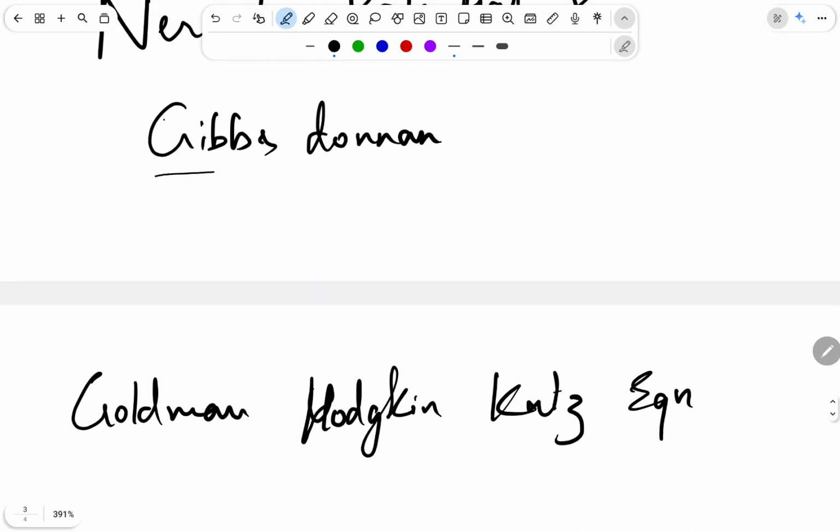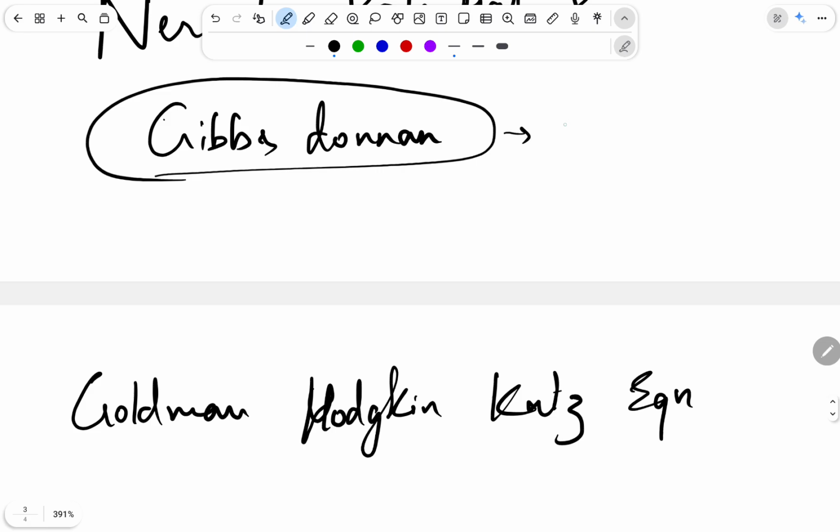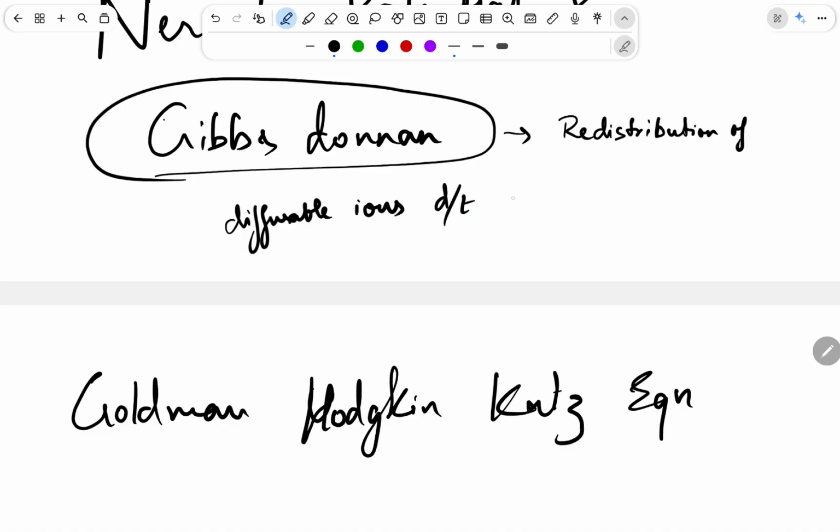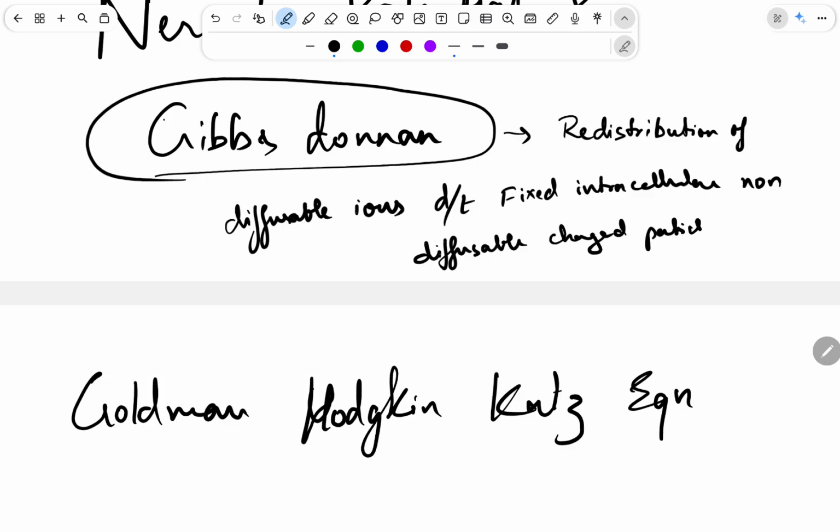And whereas the Gibbs-Donnan equilibrium is where there is redistribution of diffusible ions due to fixed intracellular non-diffusible charged particles or ions like proteins.